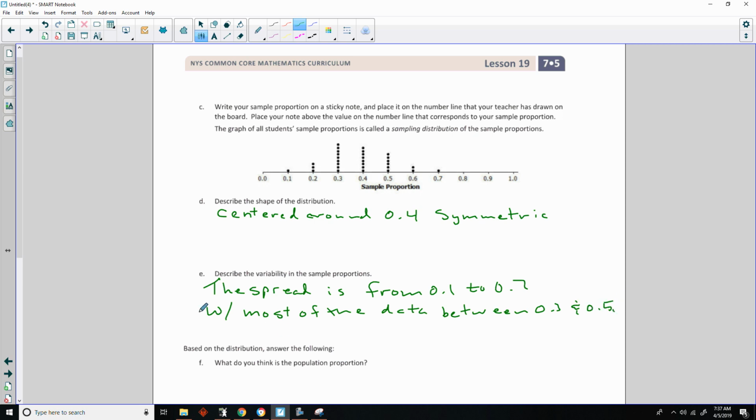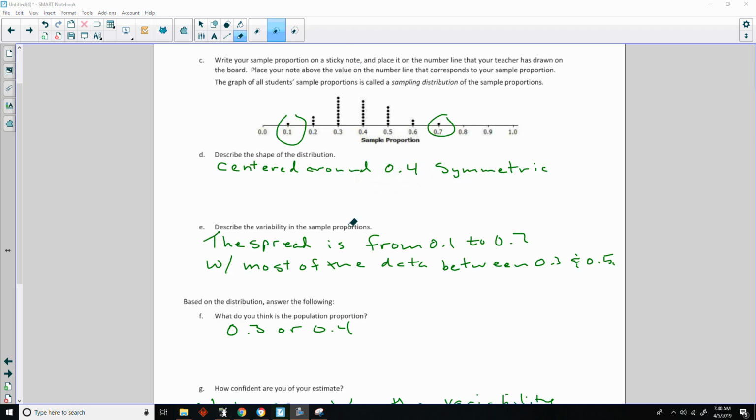Okay. Based on the distribution, answer the following. What do you think is the population proportion? So looking at this, if you took an average, you would think the population proportion would be 0.3 or 0.4 because it's centered around there.